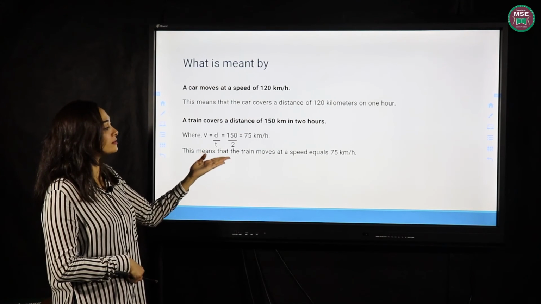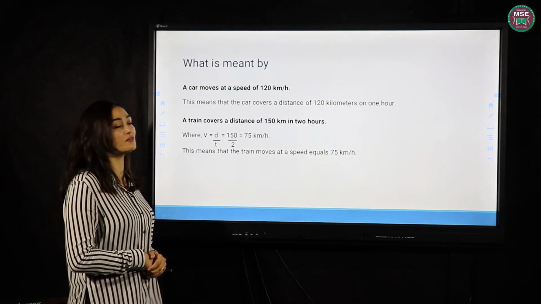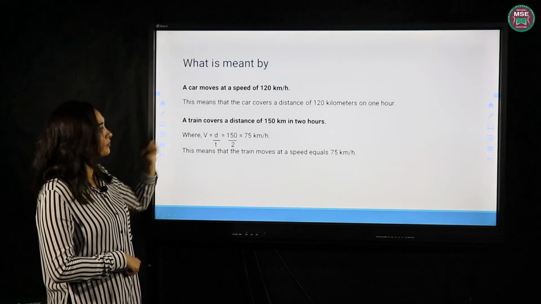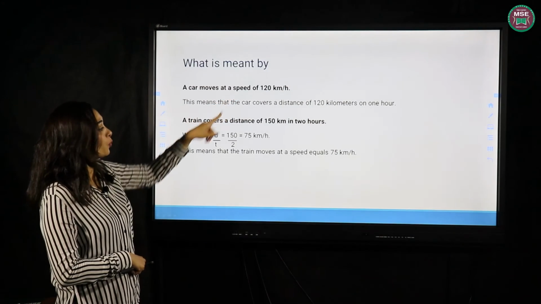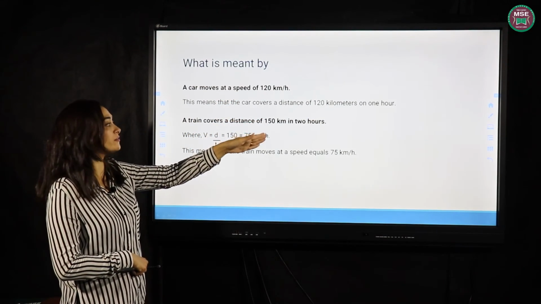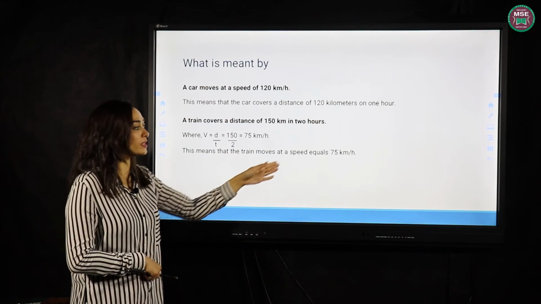That means the train moves at speed equal what? 75 km per hour. So the difference between the two questions: here we have the speed, while in the second question we have distance and time. So we get first the speed and then we say it moved with speed 75 km per hour.